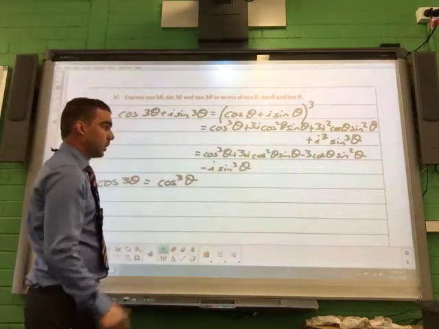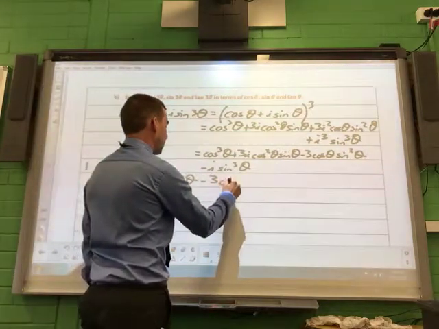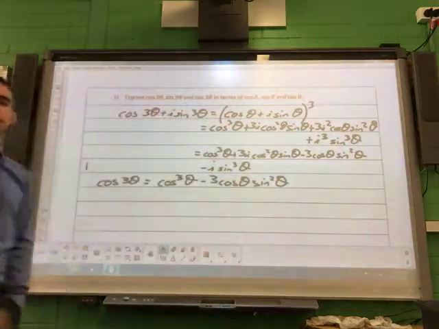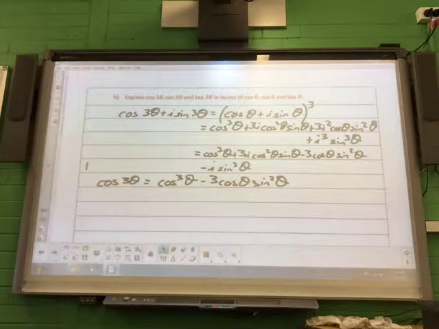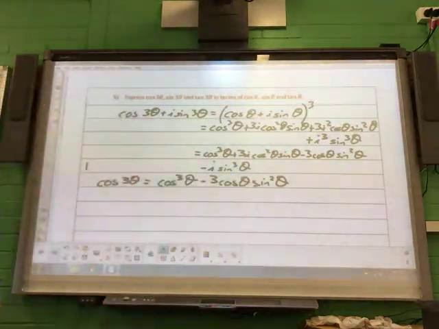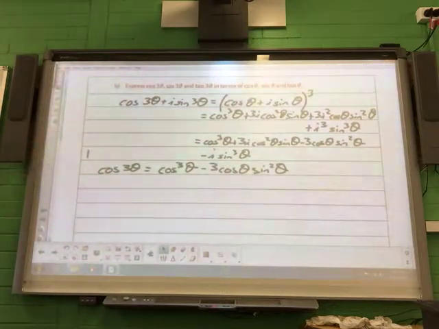So cos cubed theta... Now, I can represent this purely as cos, because you should be able to show me what the substitution for sine squared is in relation to cos. But I've answered the question. We need to just represent it in cos, sine and tan theta, what I've got there.